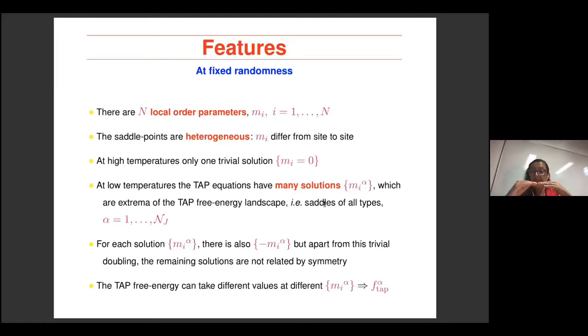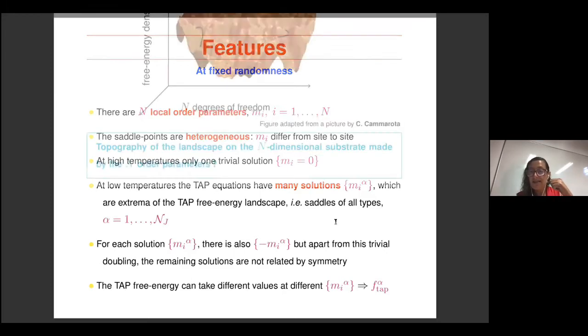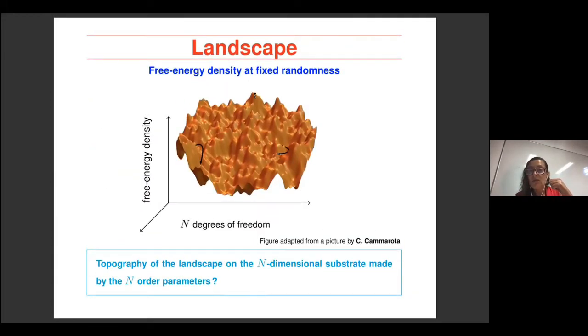So, as I said, the TAP free energy density can take different values at different sets of these solutions, which is just like saying that you have tops of these mountains at different heights, and depths of the valleys at different heights as well, and so on and so forth.